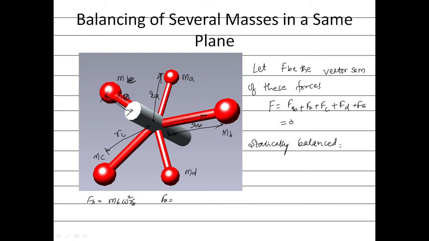Now FA is ma omega square ra. FC is mc omega square into rc, FD is md omega square into rd. Similarly FE is equal to me omega square into re.